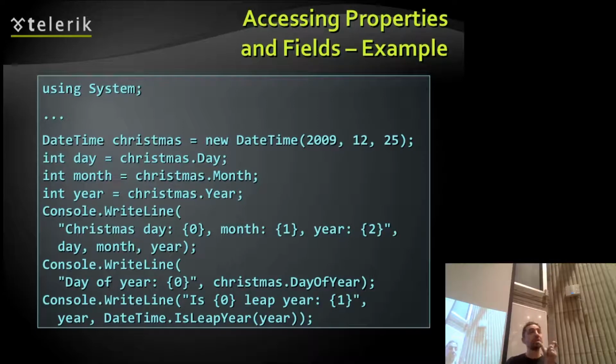Christmas is the object. Day is either the property or the field. And we'll be able to tell when we go into our demo which way it is. And I'll show you how to tell the difference. So by saying Christmas.day, we are accessing the day field of the Christmas object.